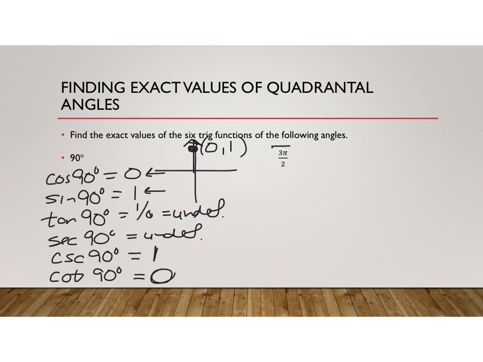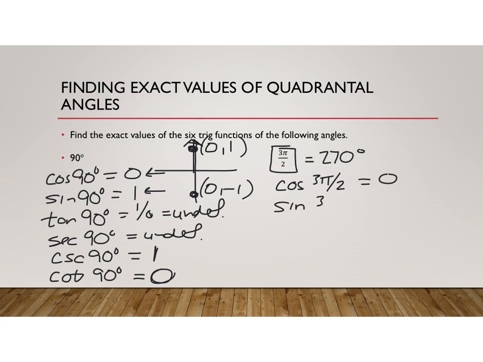3 pi over 2, this is an angle in radians. It's equal to 270 degrees. So we're talking about right here, which has the coordinates 0, negative 1. So then the cosine of 3 pi over 2 is the x-coordinate, which is 0. The sine of 3 pi over 2 is the y-coordinate, which is negative 1.